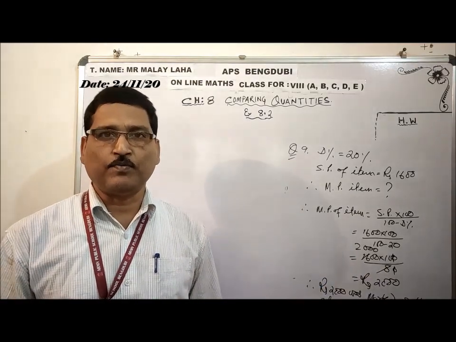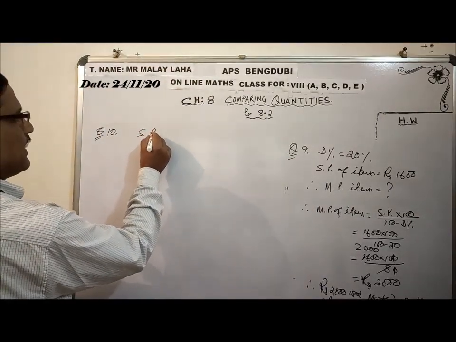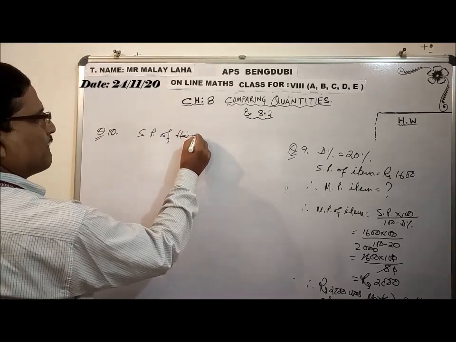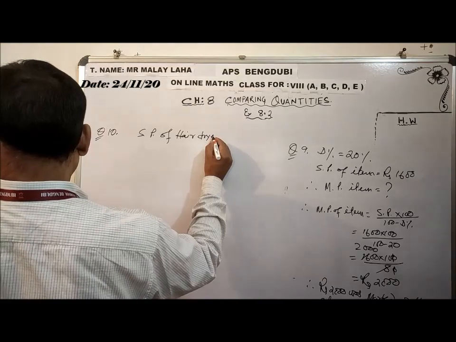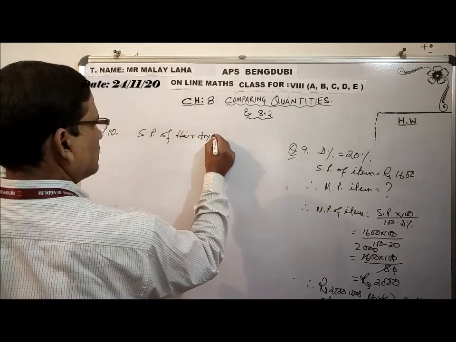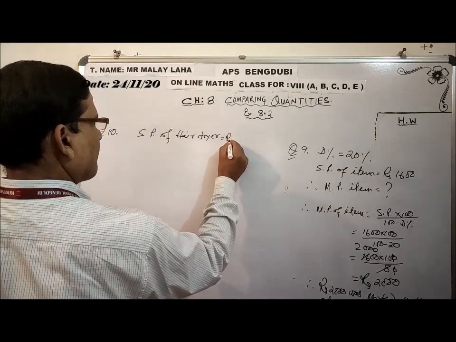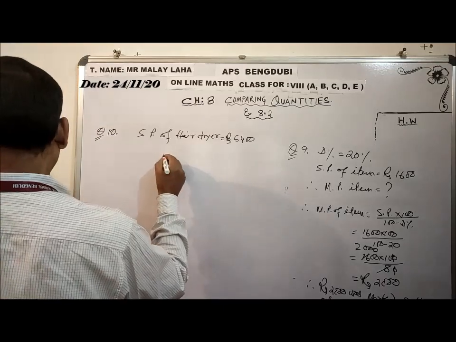Same, MP you have to find out. So here SP of the item, SP of dryer, is rupees 5,400.